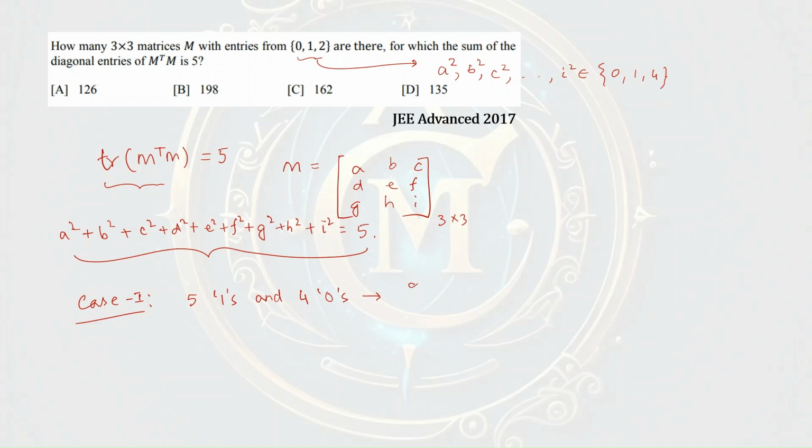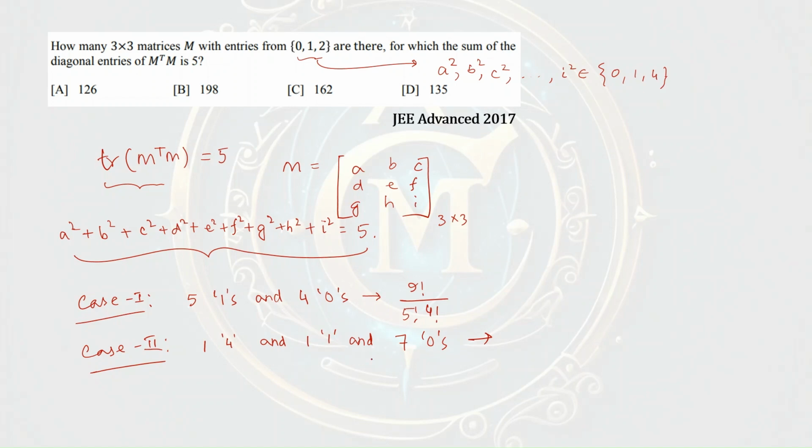We can do it in 9 factorial divided by 5 factorial times 4 factorial ways. Now consider case 2. If we take one 4 and one 1 and the rest of the entries are 0, that means 7 zeros.